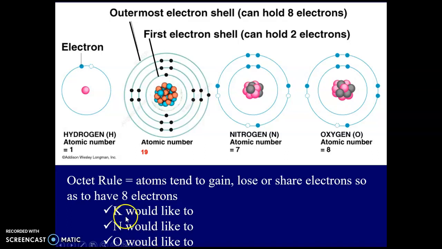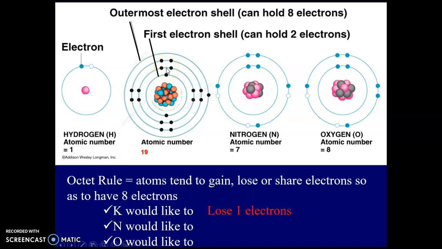Okay, so if you look here at potassium, which has the atomic number 19, you will find that potassium has in its outermost shell only 1 electron. So if potassium loses this electron, then its outermost shell will be the third one, and the third one is already filled with 8.